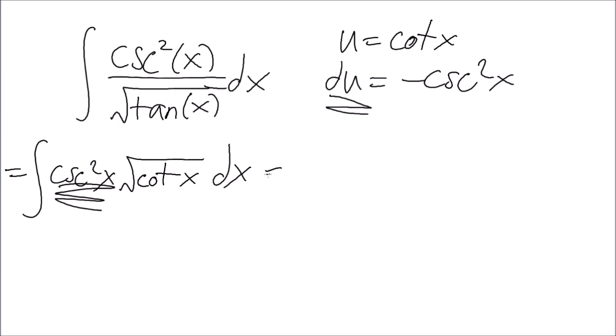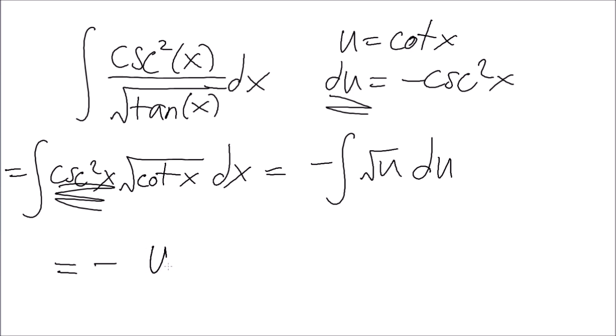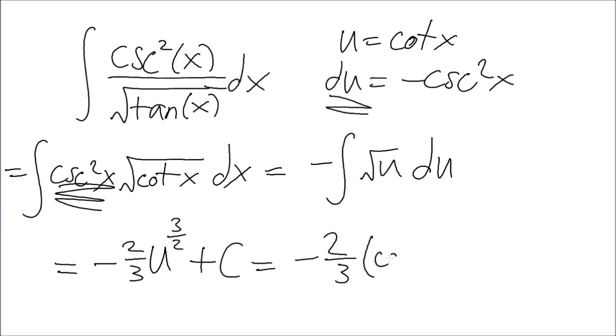So now we get a negative integral of square root of u. This is one of the integrals we memorized. This is 2/3, so negative 2/3 times u, where u is equal to cotangent x, to the 3/2 plus c.